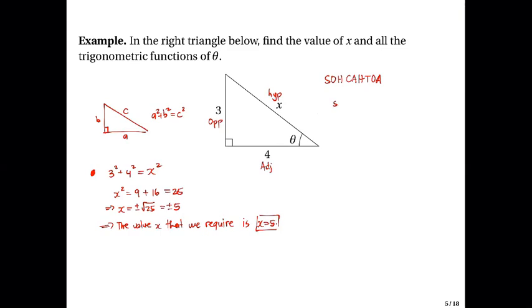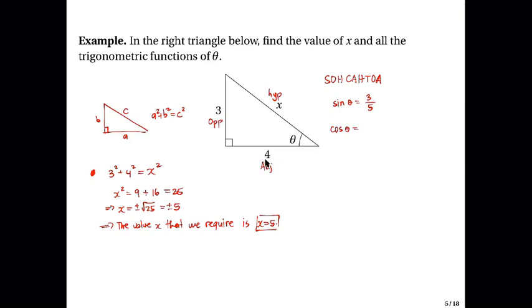We will have sine theta. According to this, it's opposite over the hypotenuse. So this is your opposite, 3, and the value of the hypotenuse, which is already 5, as solved. Sine theta is 3 over 5. Cosine theta is adjacent over the hypotenuse.